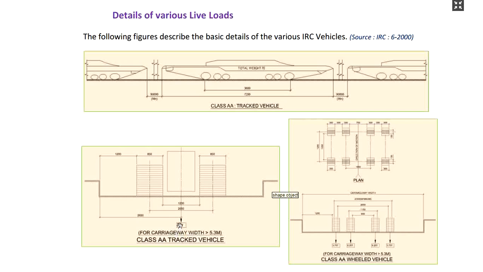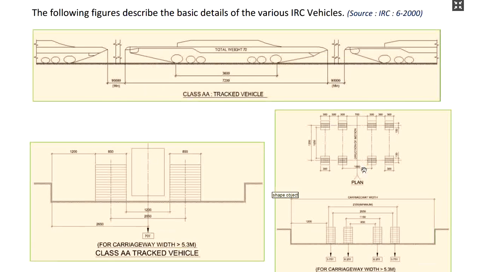And similarly if we take the class AA wheeled type of vehicle, then they are providing a different width. If this is a wheeled type of vehicle, then 1.2 meter width is to be provided. The class AA wheeled vehicle is nothing but a trailer. So there are 8 wheels. This type of loading they are prescribing.